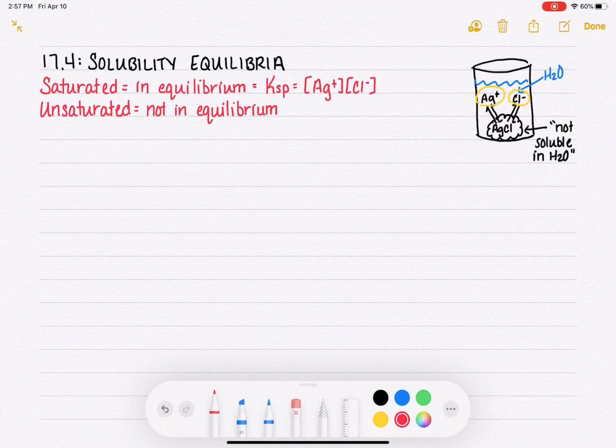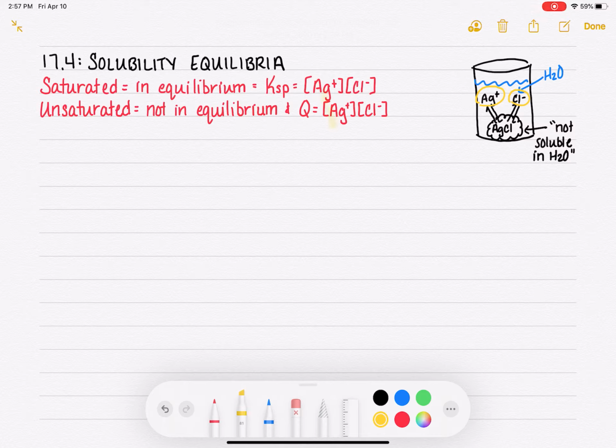We can only calculate Ksp if we know that the solution is in equilibrium. So instead of calculating a Ksp, we calculate a Q, which is just a placeholder for Ksp. It's a symbol that lets us communicate that, hey, this system is not actually in equilibrium yet, but it's working on it.